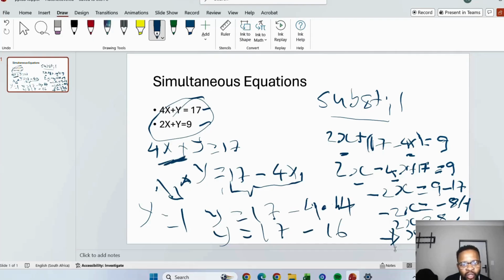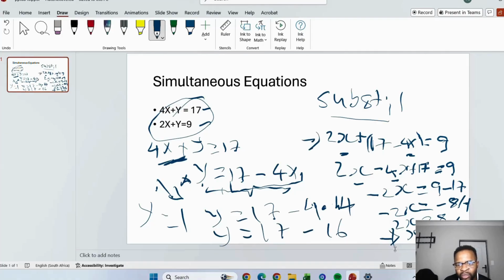As soon as you do that, we go to the second equation, because we used the first equation to make y the subject of the formula, and then we went to our second equation to substitute the value of y. Where there's y, we put this value here, which is 17 minus 4x. And then we took our second equation, which is right here.